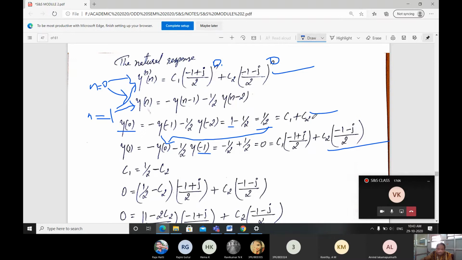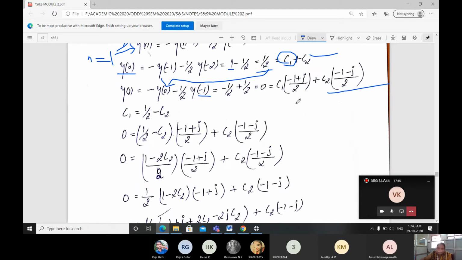Then from this, I am representing the equation in terms of C1. C1 is going to be equal to 1 by 2 minus C2. Then I substituted C1 in terms of C2.